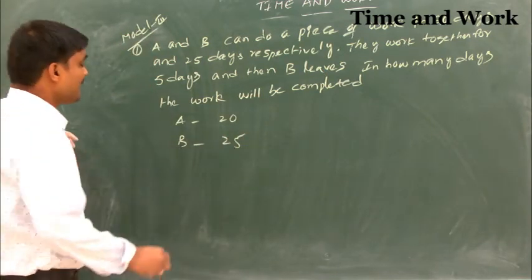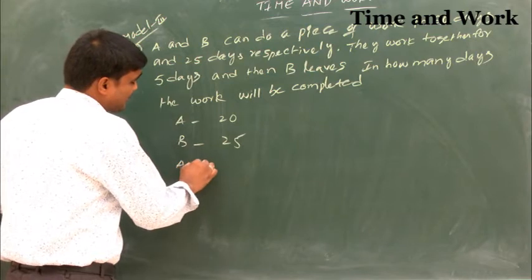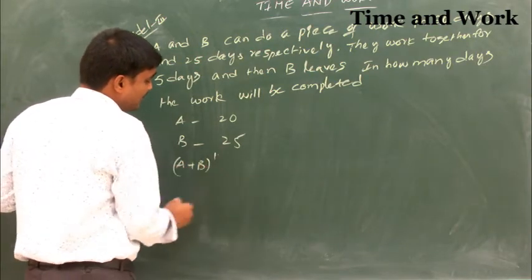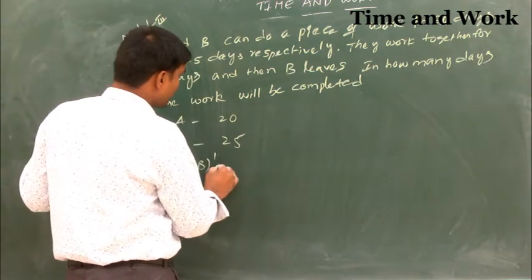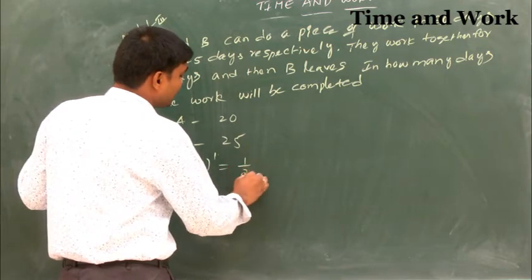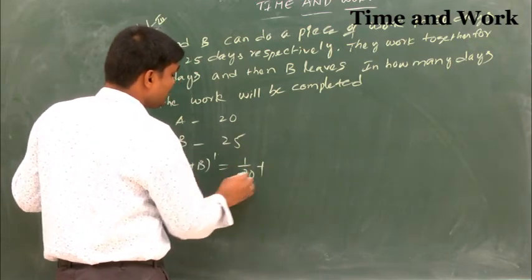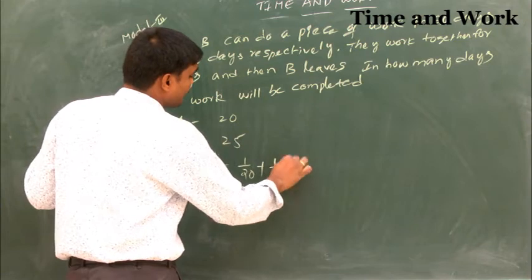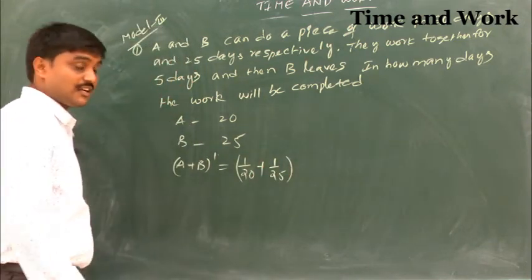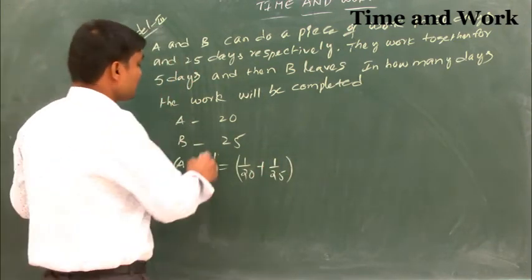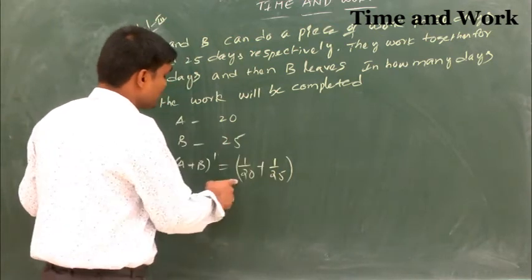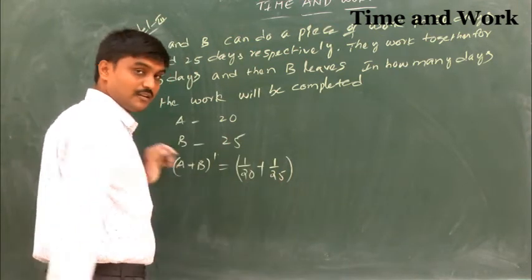So A's 1 day work is 1 by 20, and B's 1 day work is 1 by 25.